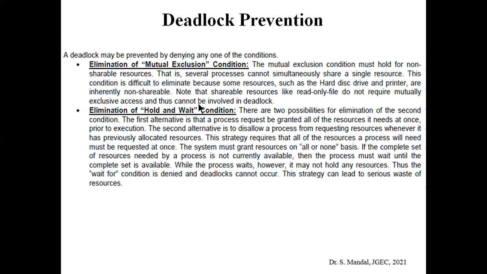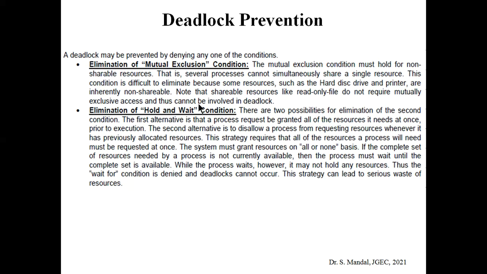But read-only files or other files are not required to be mutually exclusive in access, and thus cannot be involved in the deadlock. So we should focus on read-only files or other types of files which are not mutually exclusive. If we are able to eliminate the mutual exclusiveness condition, we can break the deadlock condition.